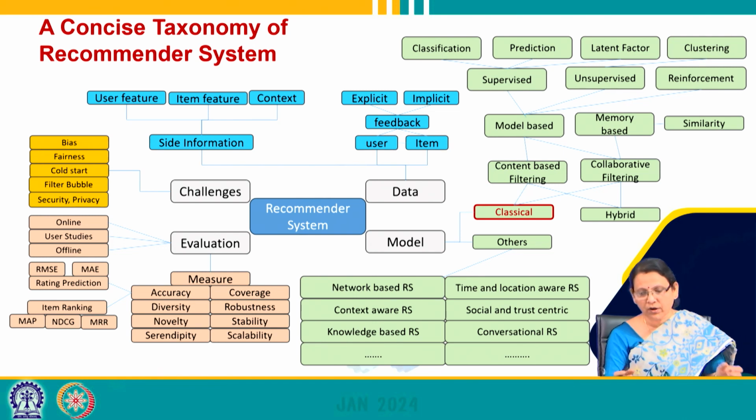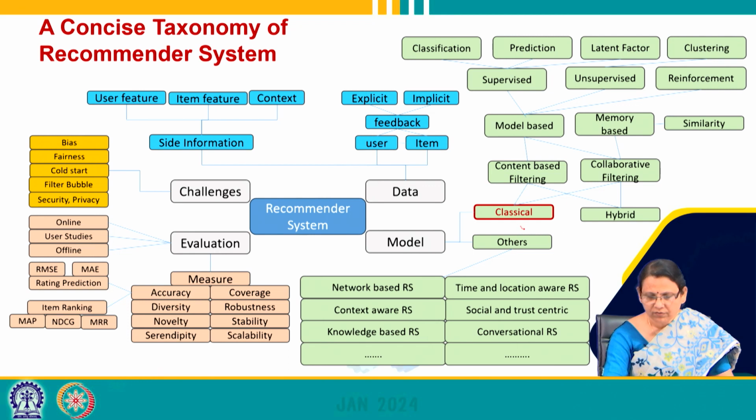If you look at these models, there are certain classical models which are widely discussed from the very inception of this idea of recommender system. Collaborative filtering and content based filtering are two such mechanisms.